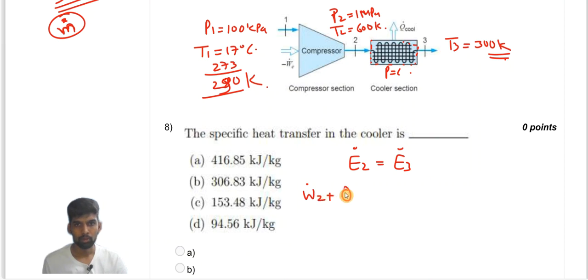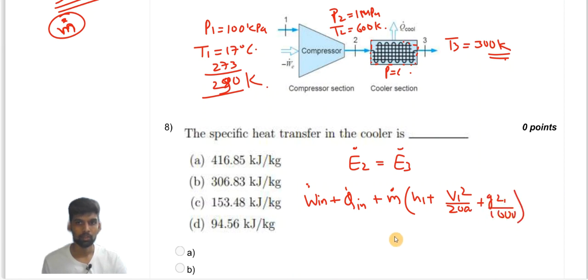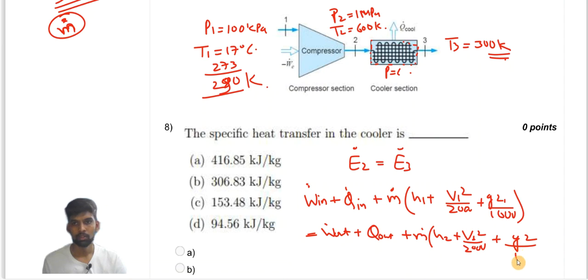W dot in, Q dot in, this will be the correct way: W dot in plus Q dot in plus m dot (H1 plus V1 square by 2000 plus gZ1 by 1000) equals W dot out plus Q dot out plus m dot (H2 plus V2 square by 2000 plus gZ2 by 1000).